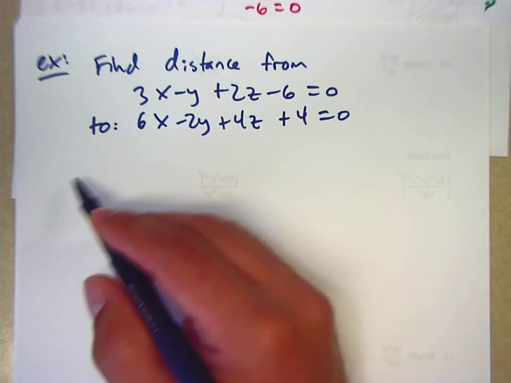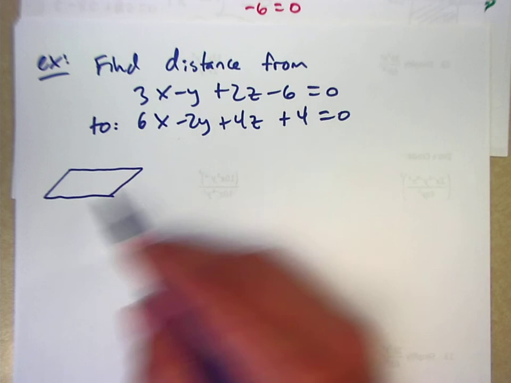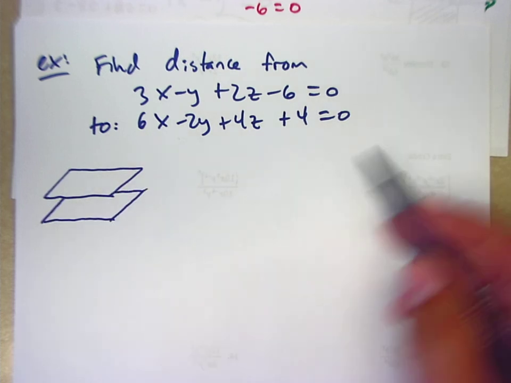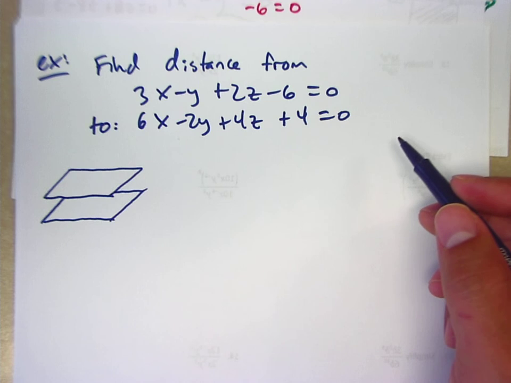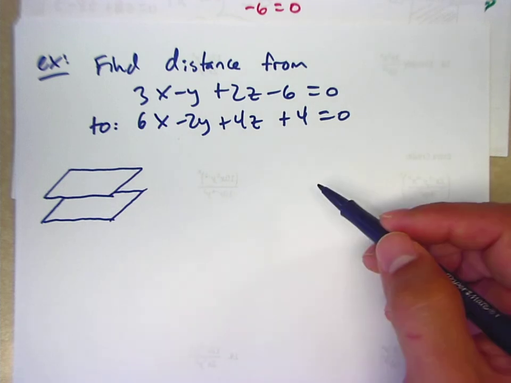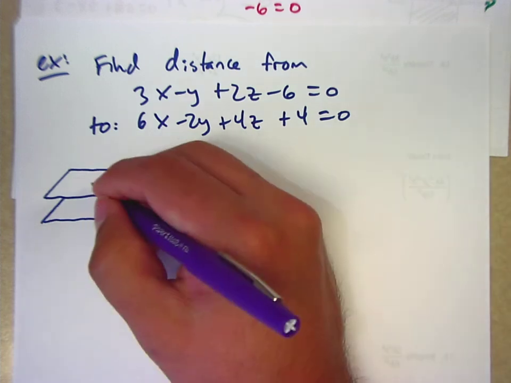And so here's a visual. Right, here are two parallel planes. Now, we don't know how to find the distance from a plane to a plane, but what I do know how to find is the distance from a point to a plane.